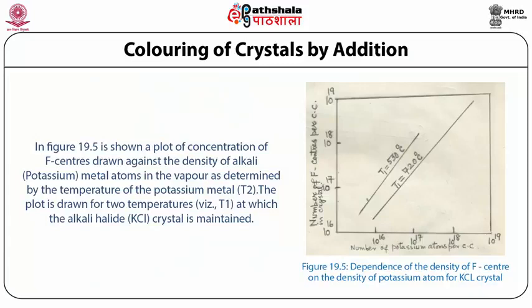Figure 19.5 shows a plot of concentration of F centers drawn against the density of alkali, that is potassium metal atoms in the vapor, as determined by the temperature of the potassium metal, shown as T subscript 2. The plot is drawn for two temperatures, namely T subscript 1, at which the alkali halide, that is the KCl crystal, is maintained.